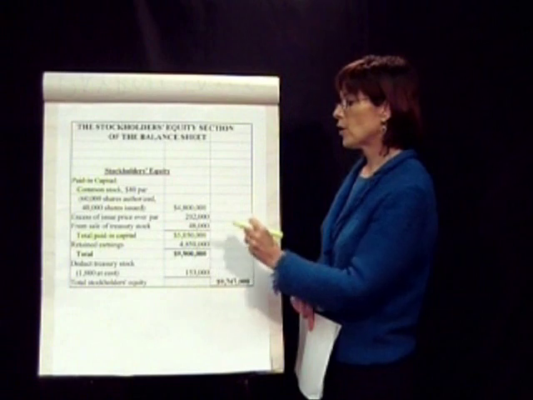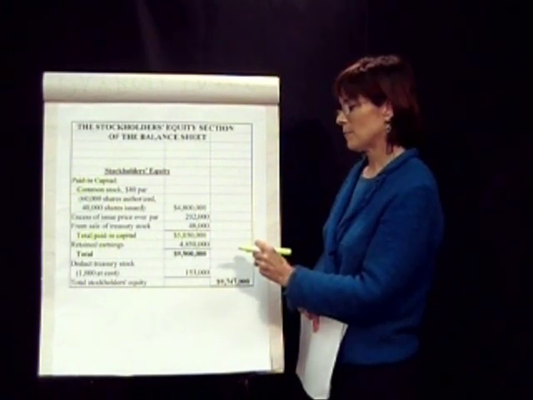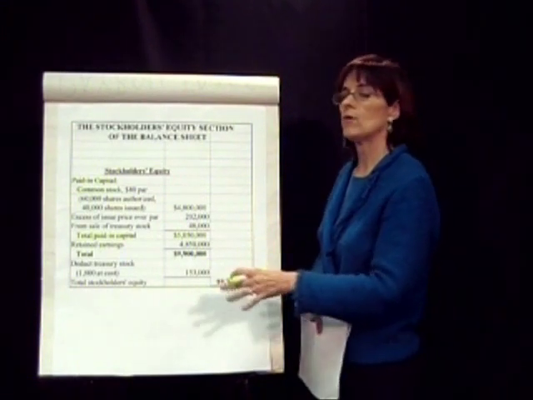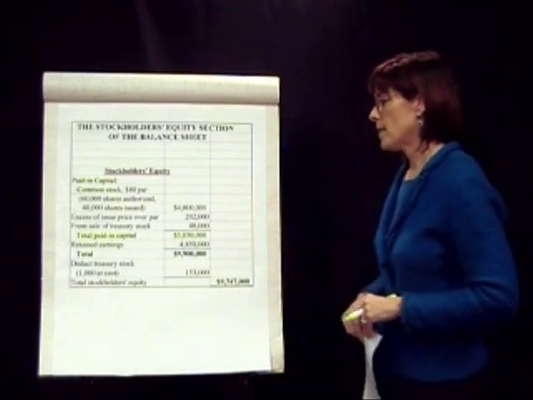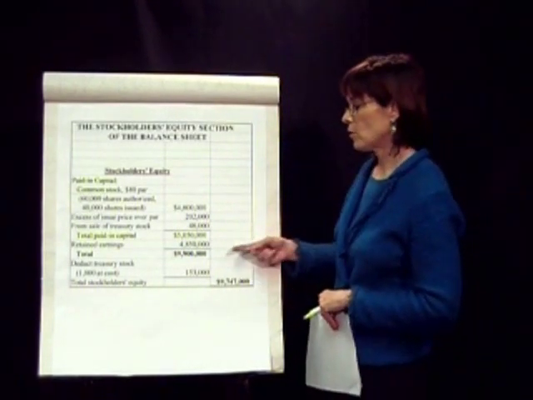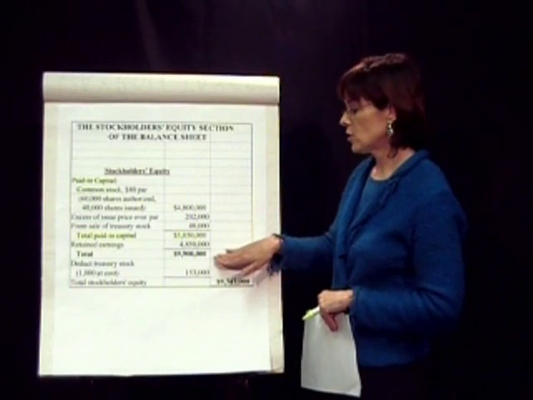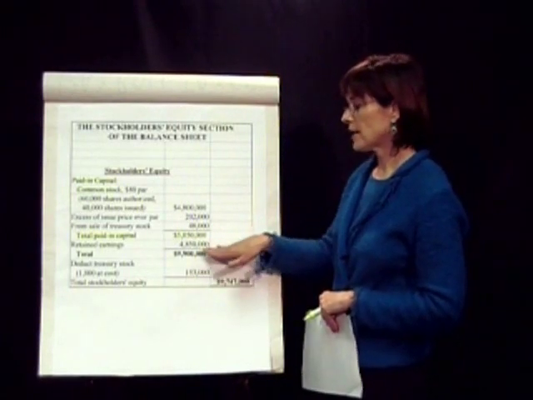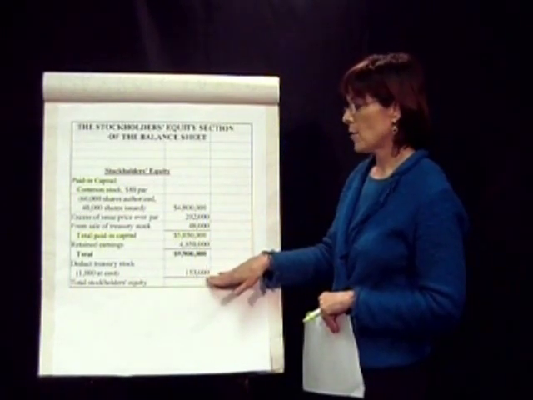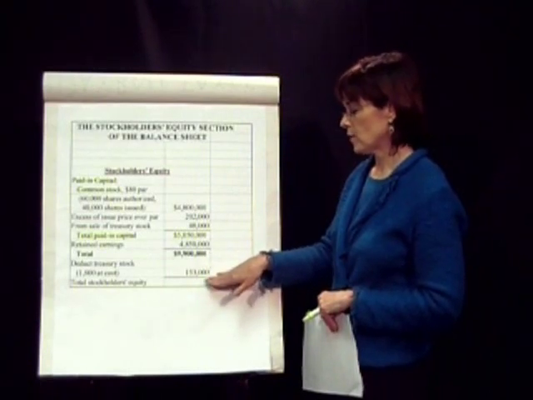From that, if we purchased any treasury stock back, meaning we bought it on the open market from our stockholders, it goes into an account called treasury stock, and it must be subtracted from the total stockholders' equity.